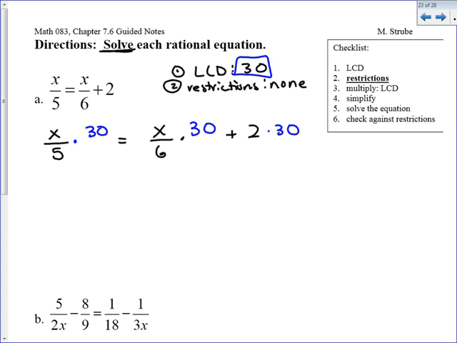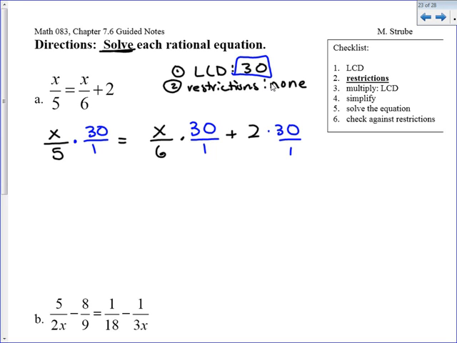Now, if you'd like, you could also put that 30 over 1 if you like your fractions to line up. I guess you don't really need it on the last one, but you're welcome to put the 30 over 1. It's the same. It's equal.